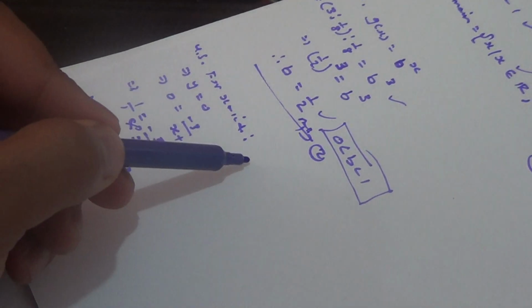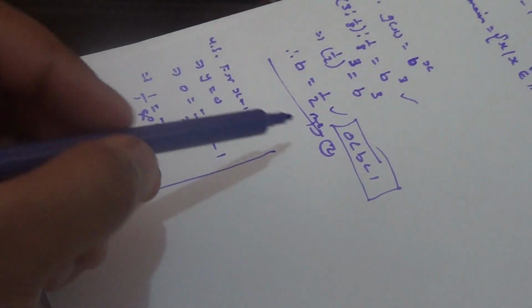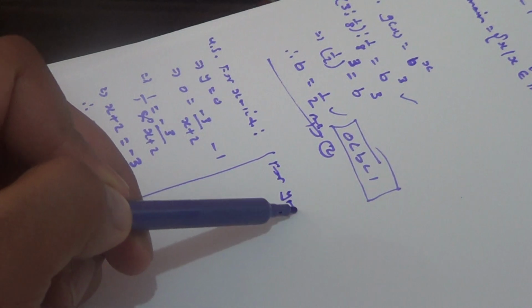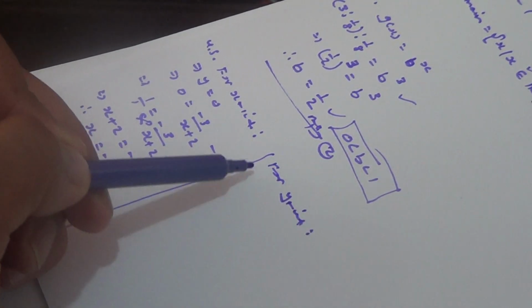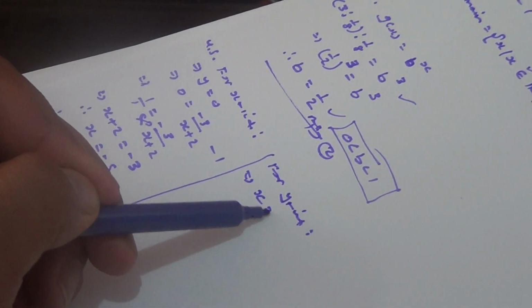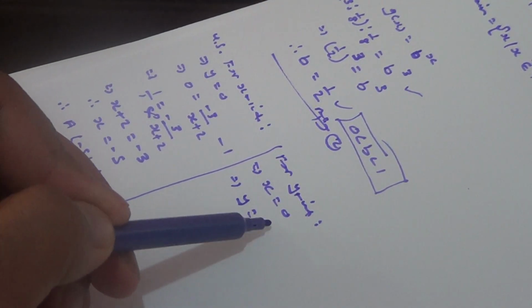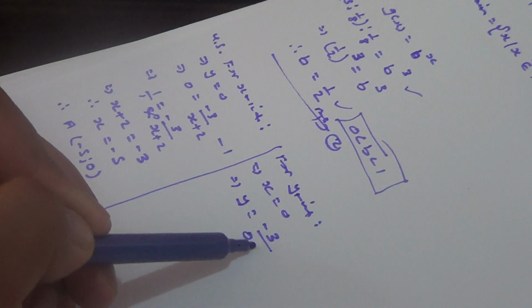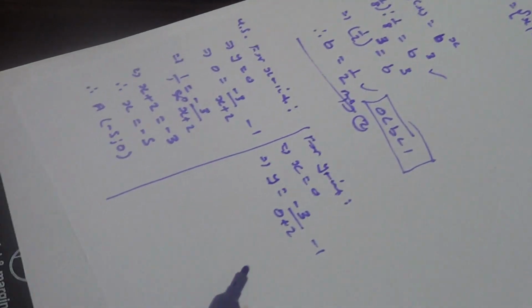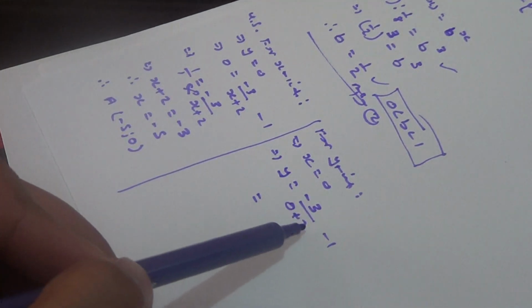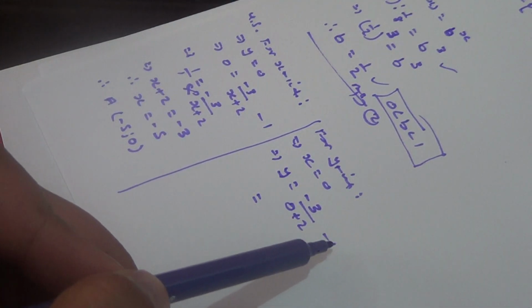So what about y? Let's just create a bit of space here. For y-intercept, this implies x should be equal to 0, which implies that y equals minus 3 over 0 plus 2 minus 1. Now what I do here, I just take the denominator and multiply the numerator of the next term.